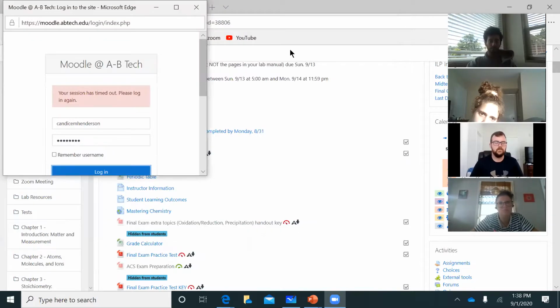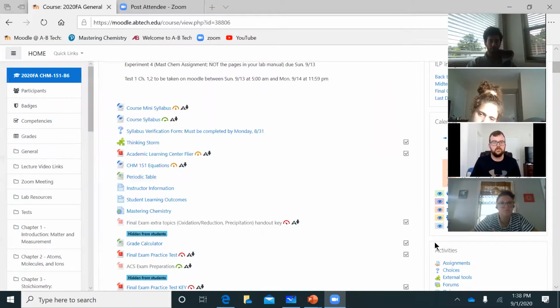Before anyone goes, let me stop sharing. Okay, I'm going to move you all into some breakout rooms. I don't know if you guys have done breakout rooms yet in any of your other classes. It's just going to take you and put you with about 4 other students, so you can talk with each other for just a couple minutes at the end here.